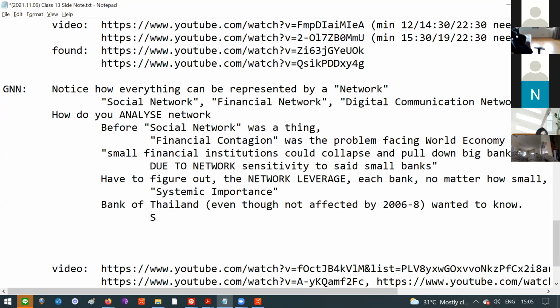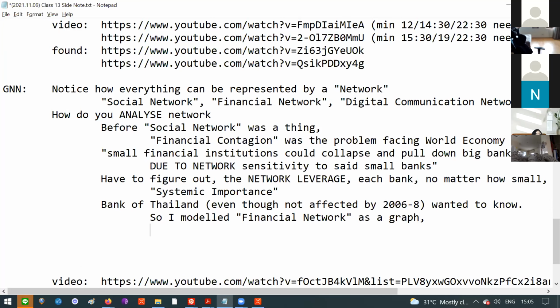So I modeled the financial network as a graph and proposed a method.